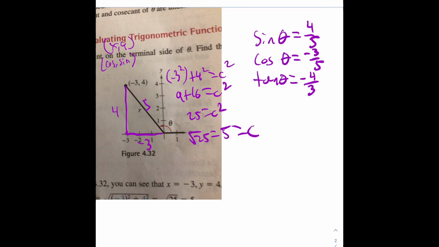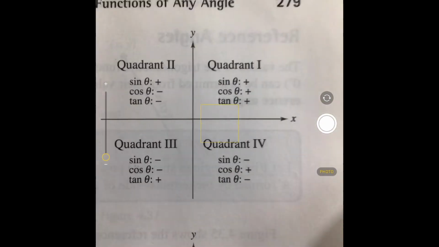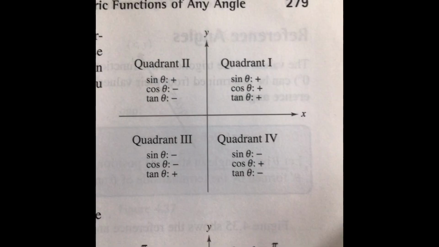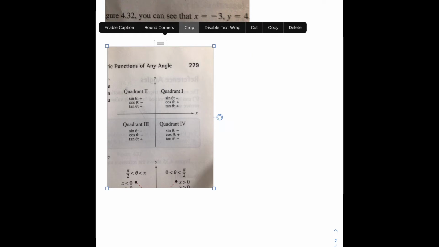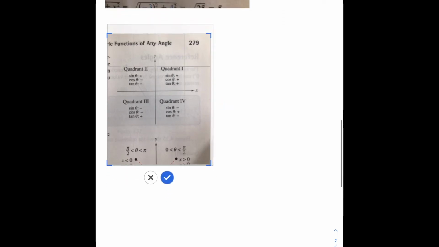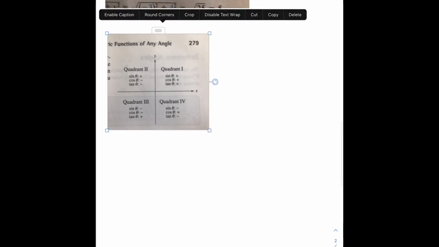And we can also look at just the signs. The signs can really help us determine a lot of this stuff. If we look at the different quadrants, in quadrant 1, everything is positive.